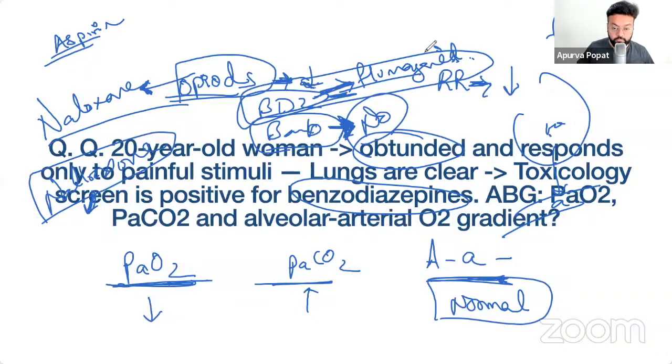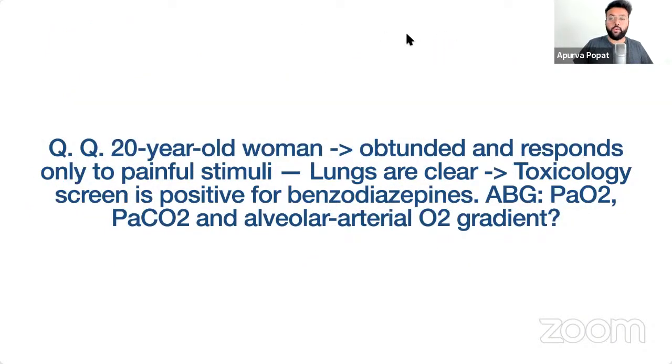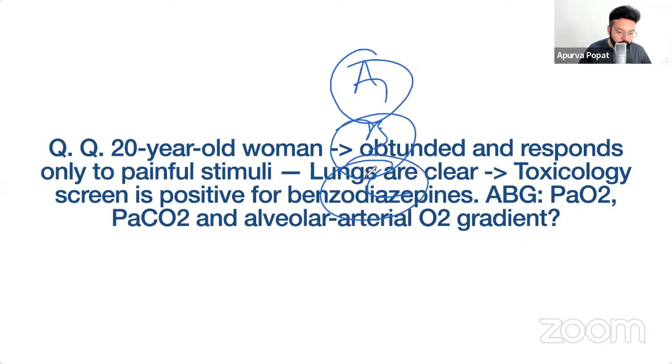If a patient with benzodiazepine overdose comes, what should be the first step in management? The first step in any intoxication is A, B, and C. You have to manage the airway, the breathing, and the circulation. If the patient is not breathing at all and is comatose, say the Glasgow coma scale is 7, what would you do?